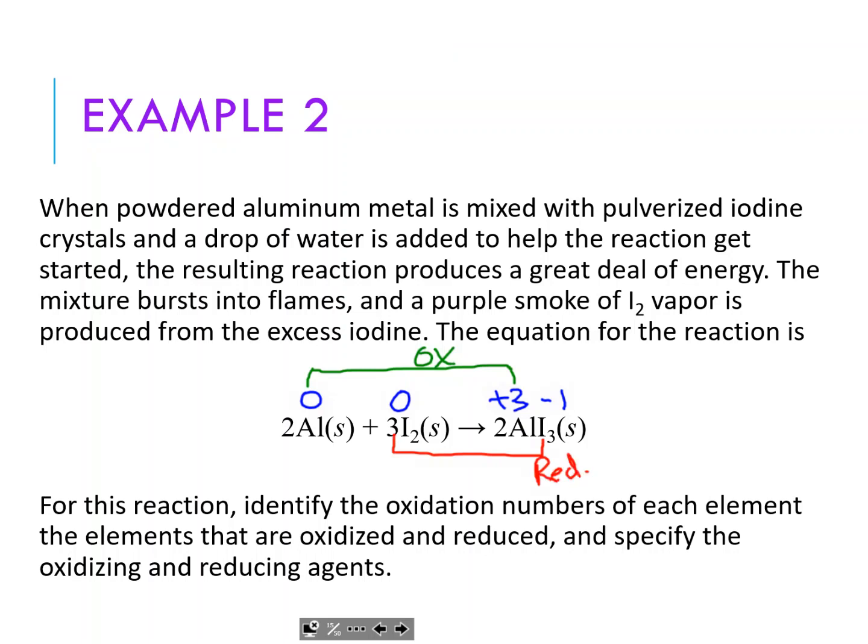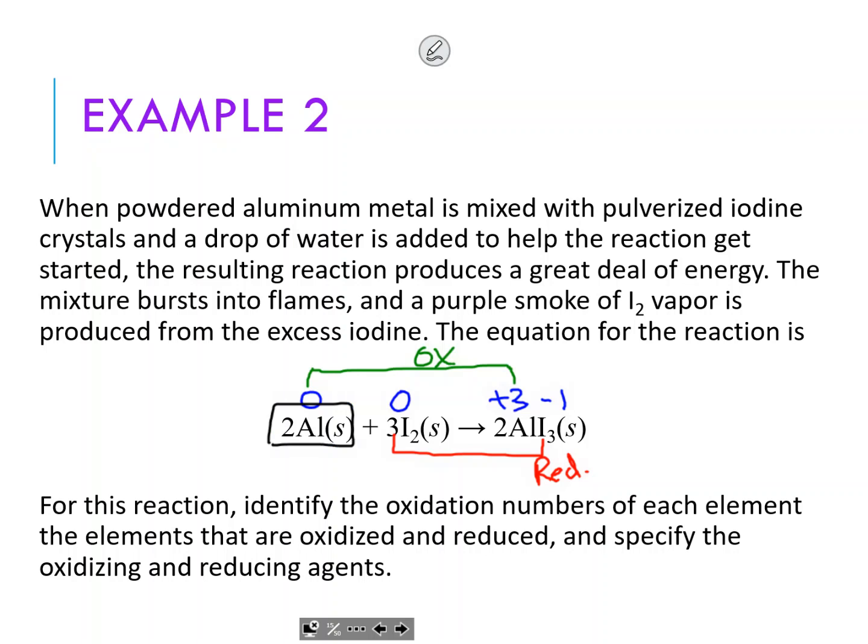Now, in order to identify the agents, you have to look at the entire reactant. It's not just the element. It is the entire reactant that contains that element. So, since aluminum is being oxidized, this reactant right here is causing the reduction of the iodine.